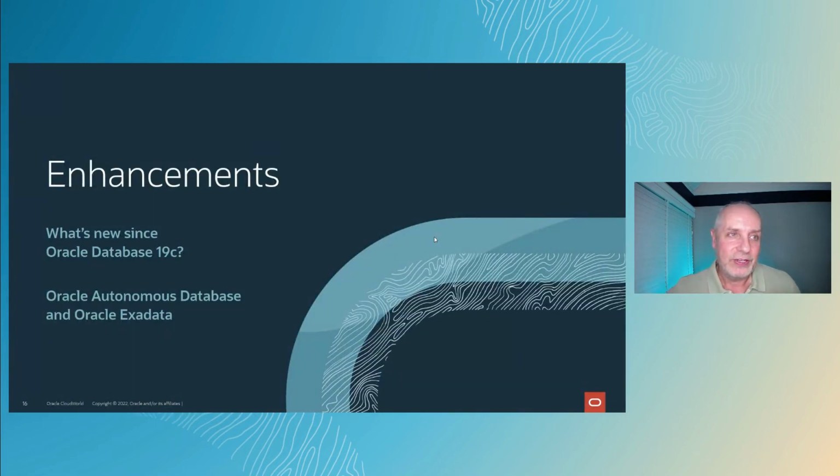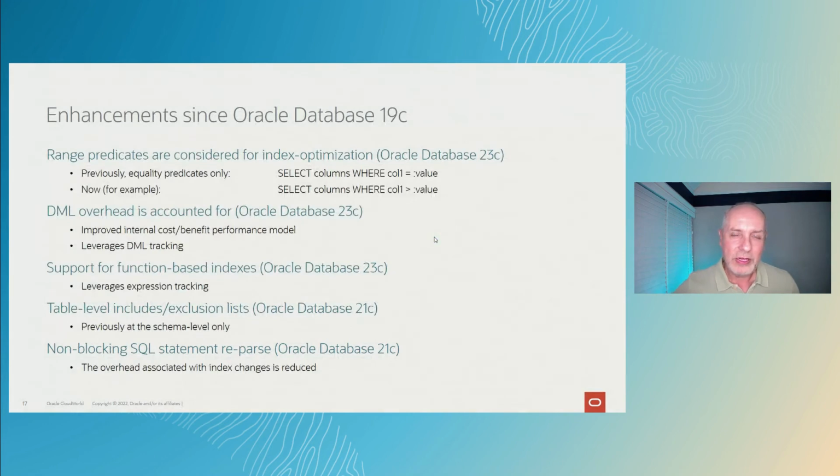Okay, so now for some enhancements beyond Oracle Database 19c. These are quite important, actually. They have a very significant effect, I would say. The first one is that now we will include candidates on columns that are used in range predicates.